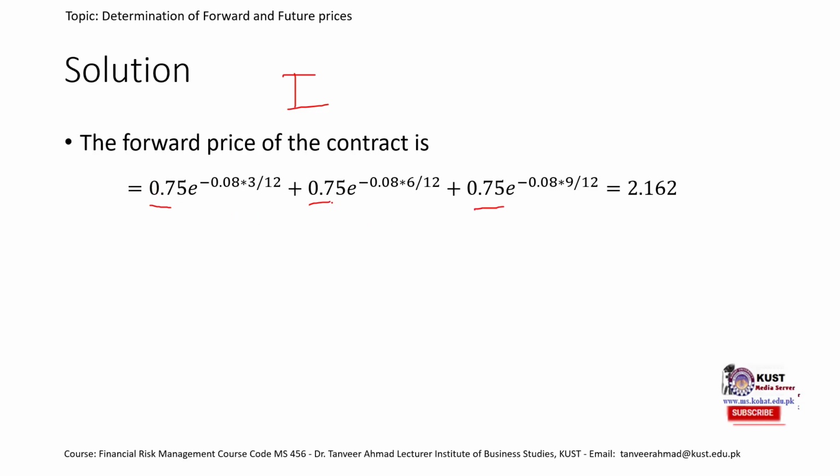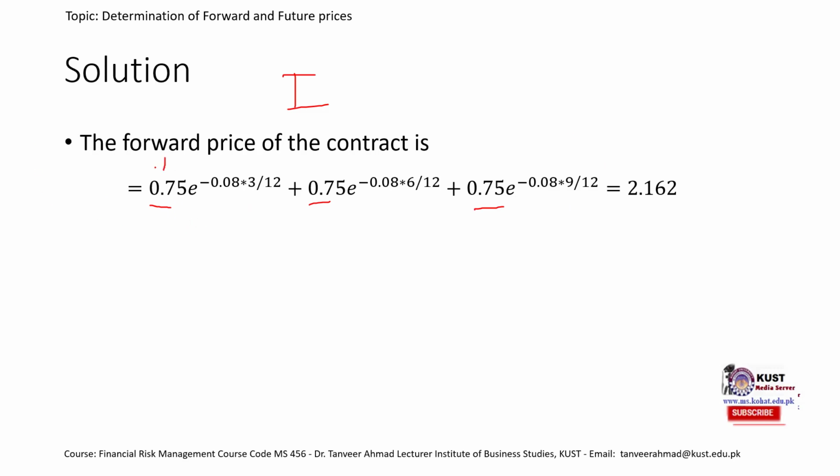You would just have to change the dividend amount. So we need to find the present value of all these dividends. We can either find the present value of one, then second, then the third, and then add them up, or we can simply write it as in this equation.